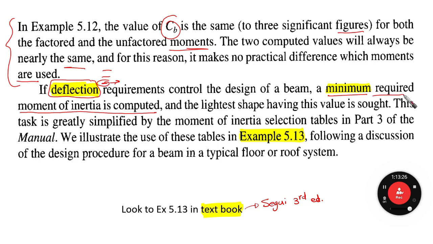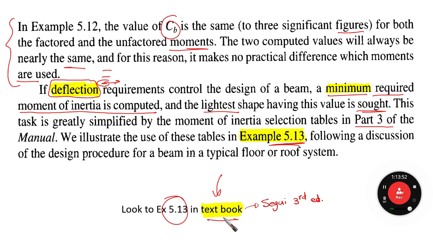We need to compute the minimum moment of inertia, and the lightest shape having this value is sought. This task is greatly simplified by the moment of inertia selection tables in Part 3 of the manual. And you can find it in the textbook as example 5.13.